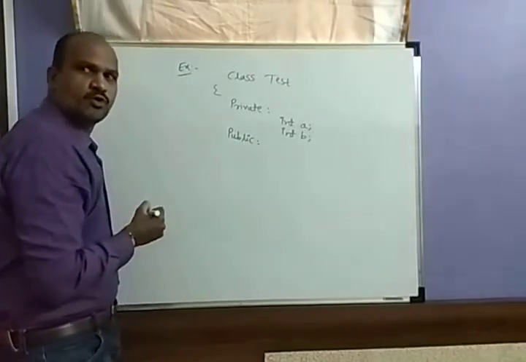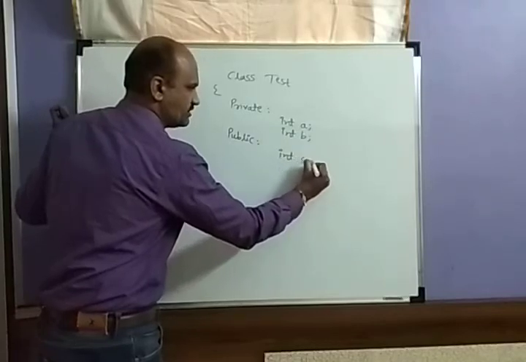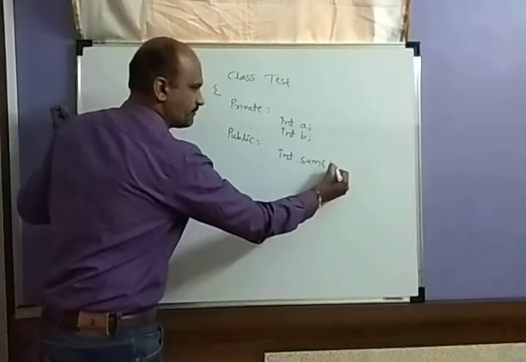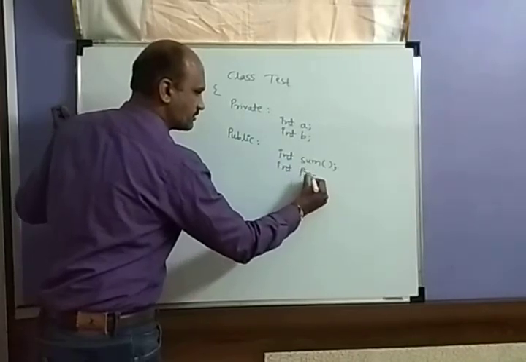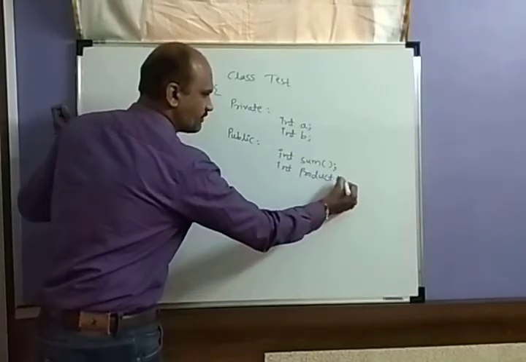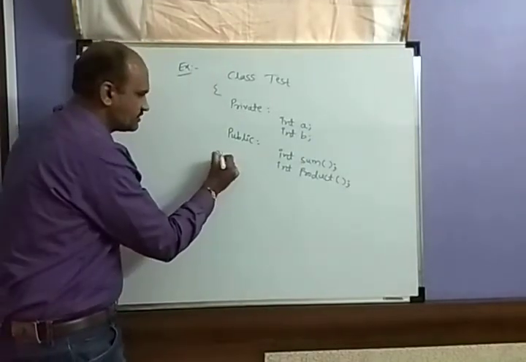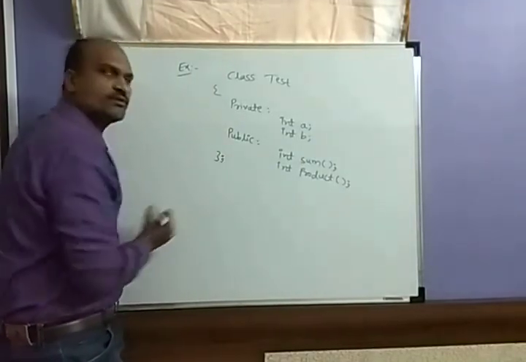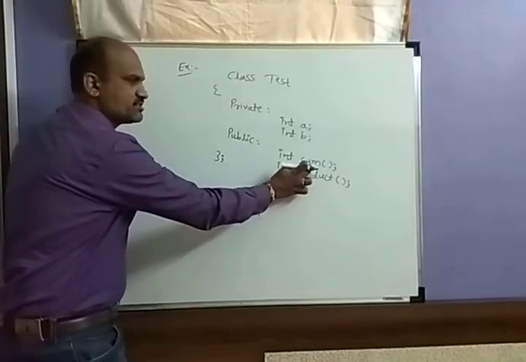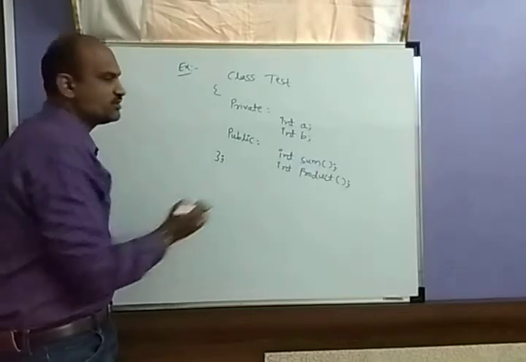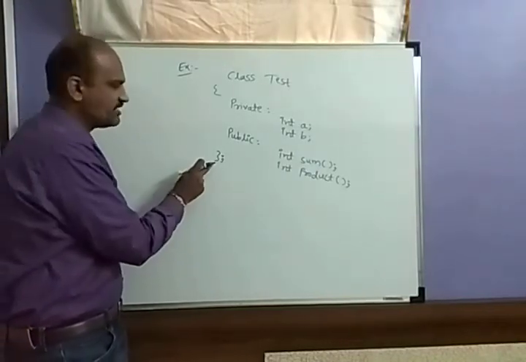So 2 functions I am writing, one with the sum, and another, the function product. So this is the function you write in the class. Okay, so the class is closed here. These 2 functions, sum and product, you can call outside the class.